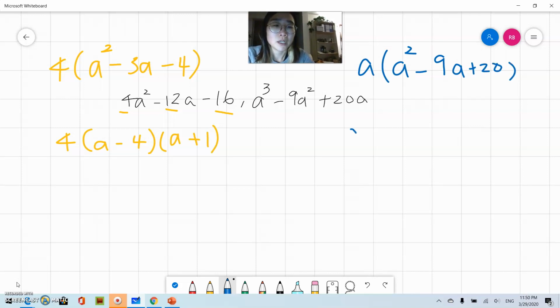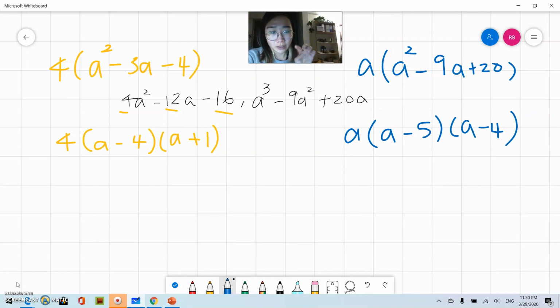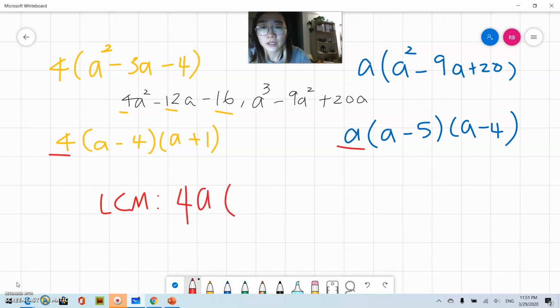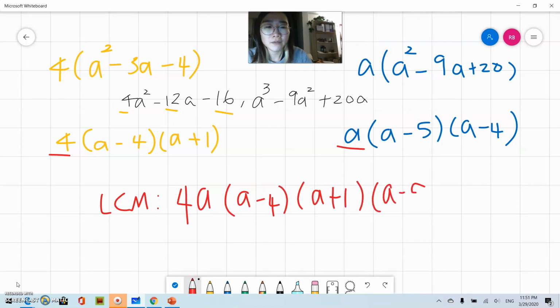Two numbers that multiply to 20 but add to -9 are -5 and -4. I know that with enough time you can factor this on your own, so if I'm going fast, it's because I have a limited amount of time. Again, we write everything we see once. First, I see 4a, and I see a minus 4, a plus 1, and a minus 5, and none of them has a power on this factor, so that's my LCM.